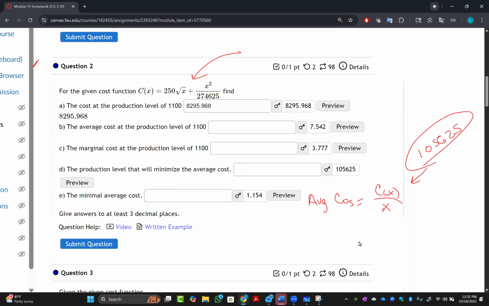I'm always looking at the cost function, because that's how much it's costing me for real. The derivative is helping me find the minimum of the cost.